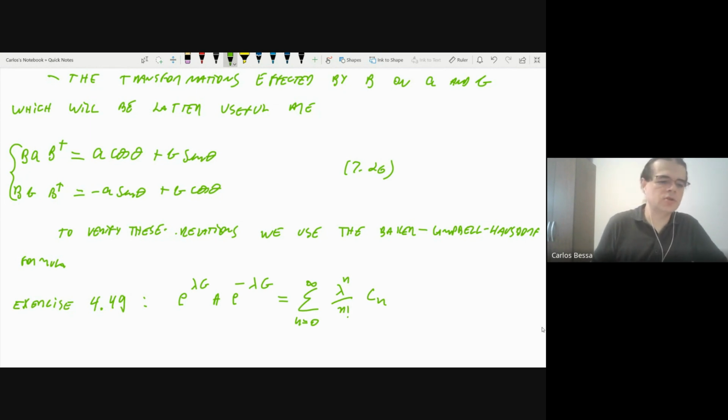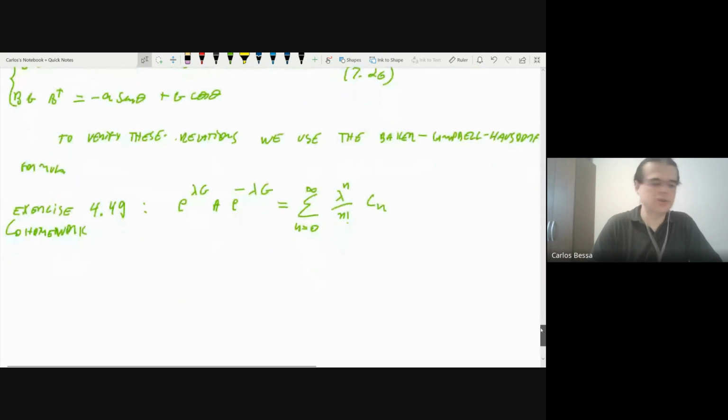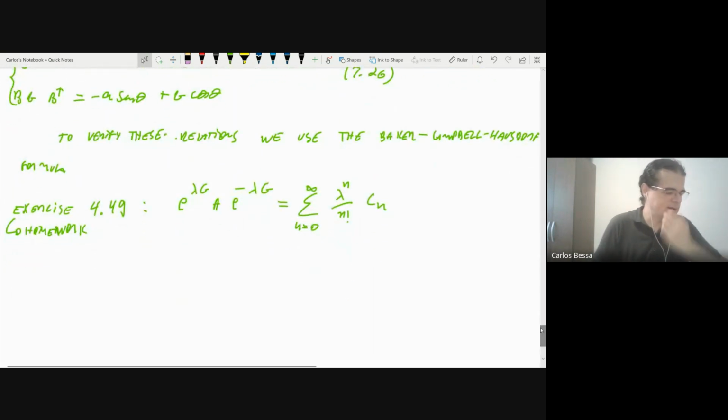I will leave this as homework as well, okay? Just to prove this. But this is the Baker-Campbell-Hausdorff formula that he expressed in this way, defining the coefficient C in that way here.